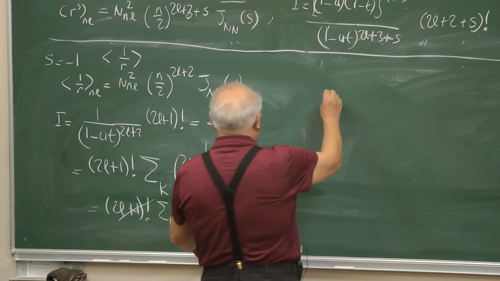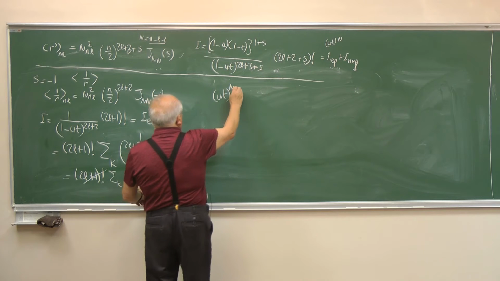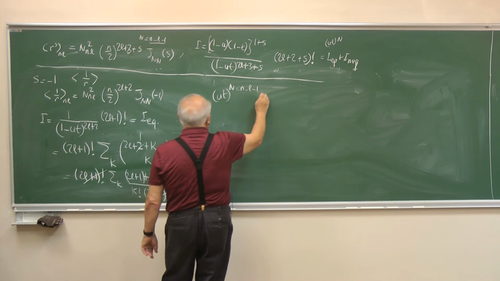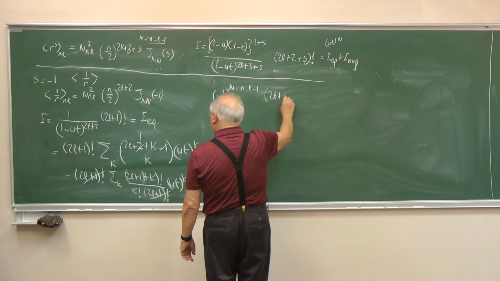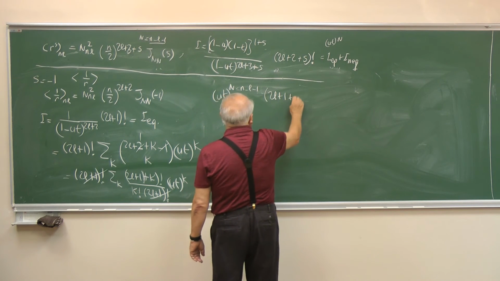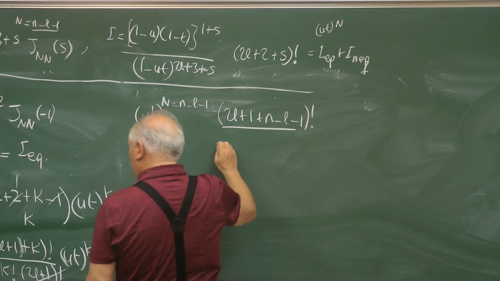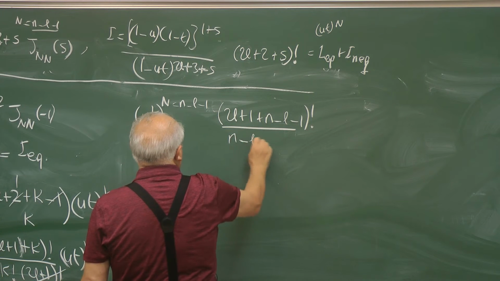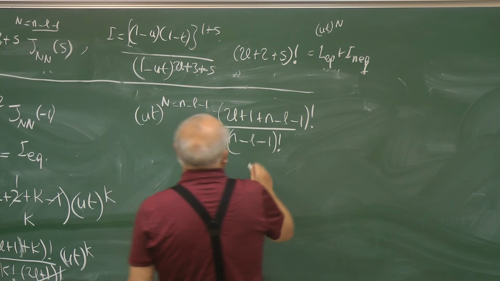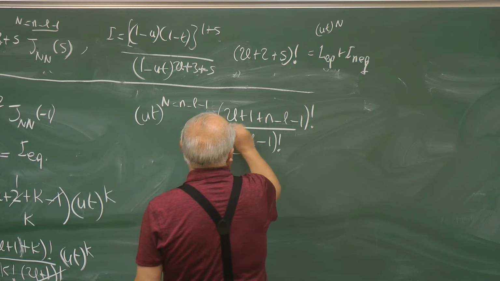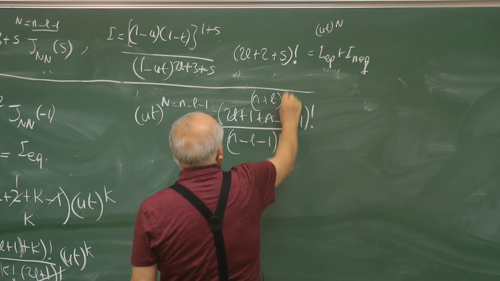So (ut)^{n minus l minus 1} is just this: 2l plus 1 plus n minus l minus 1, factorial, divided by (n minus l minus 1) factorial, and this is (n plus l) factorial.